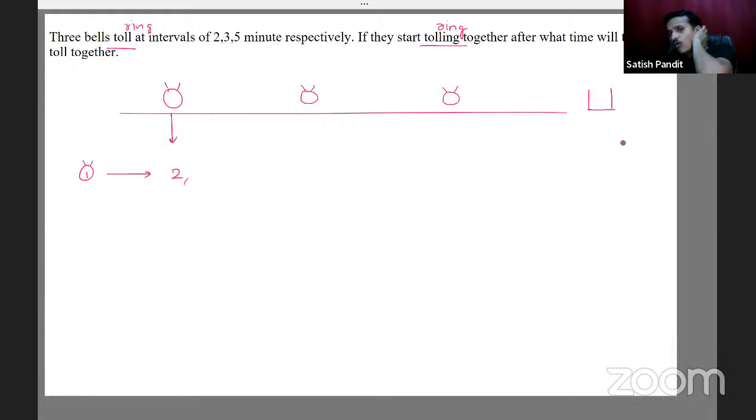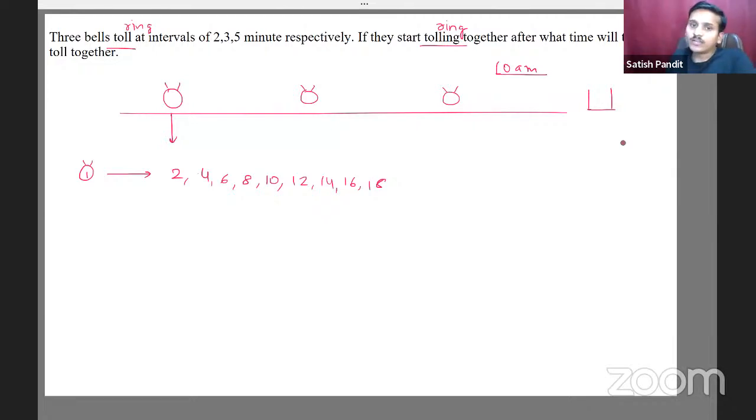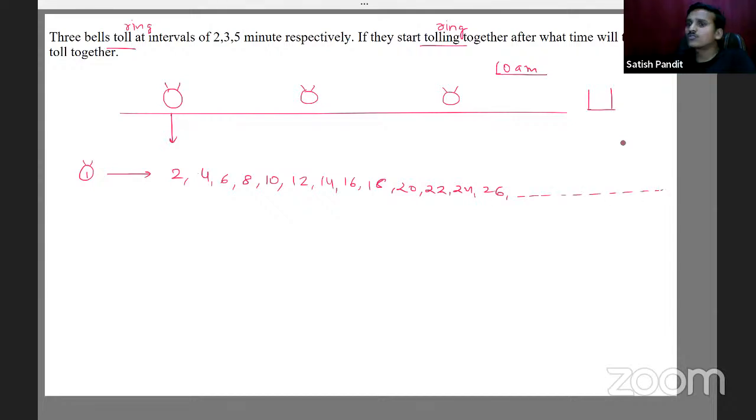Bell number 1 will ring at 10:00, 10:02, 10:04, 10:06, 10:08, 10:10, 10:12, 10:14, 10:16, 10:18, because every 2 minutes it will ring, right? Yes or no, everyone? Then 10:20, 10:22, 24, 26, and so on.